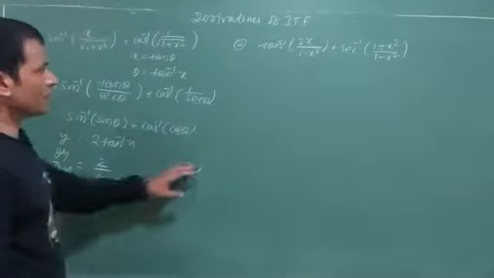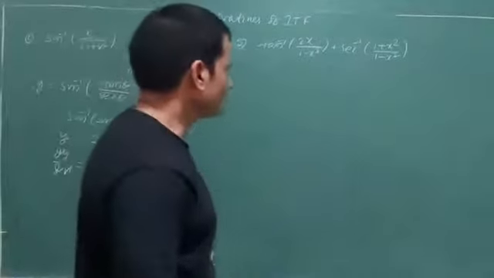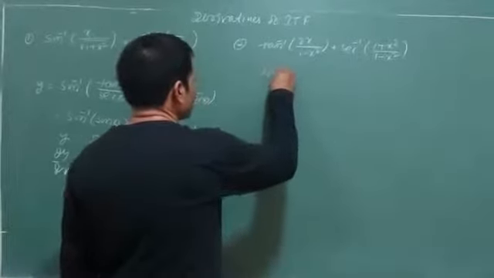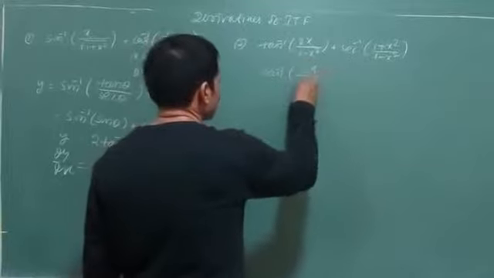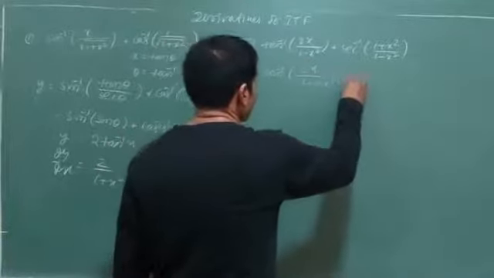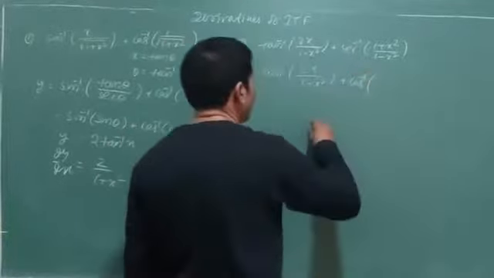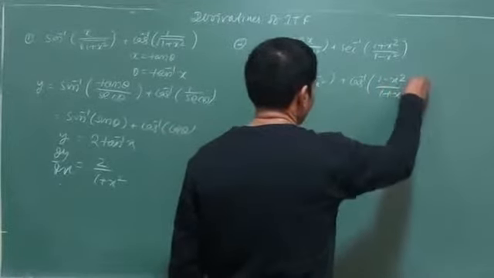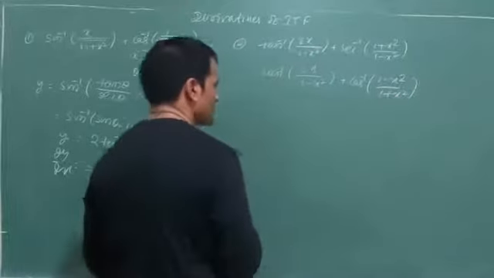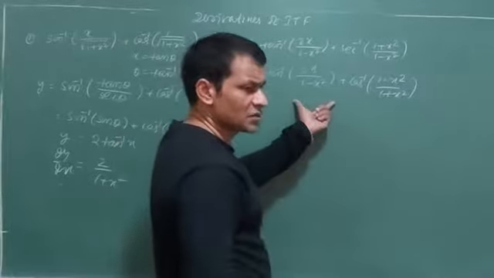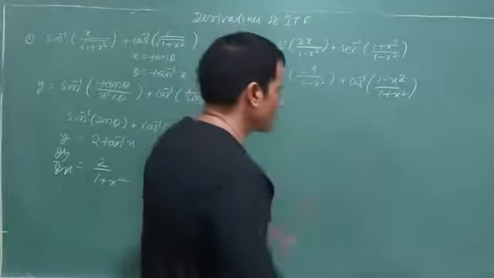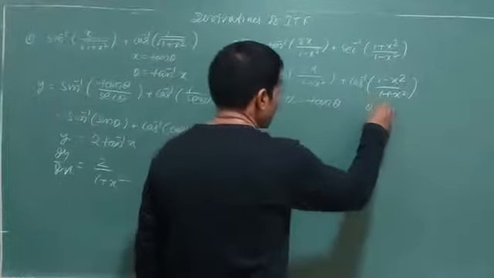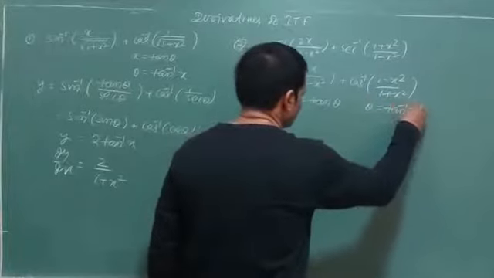Similarly, if I look at this question, what do I do? y is equal to tan inverse 2x by 1 minus x square plus cos inverse 1 minus x square by 1 plus x square. If you know the formula, a child can take x equal to tan theta here, so theta is equal to tan inverse x. Then what will happen here?